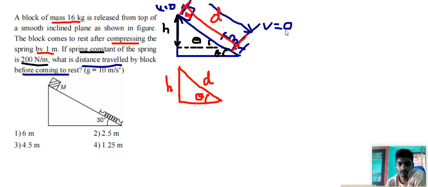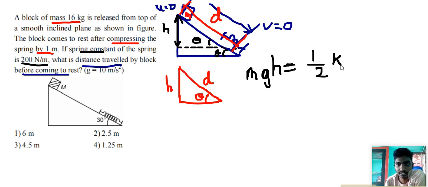The law of conservation of energy cannot be applied here, but the work done can be equated. The kinetic energy is 0, whereas the potential energy mgh is converted into the energy stored in the spring, which is half k x square. We did the derivation for this earlier.